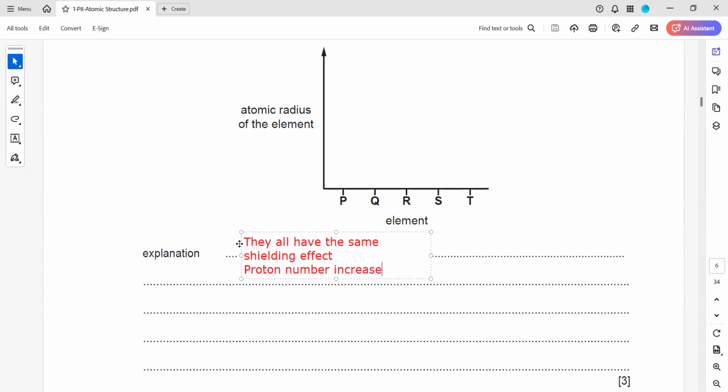So as a result, greater nuclear charge. So strong attraction, which reduces the size of atom. Is it clear?